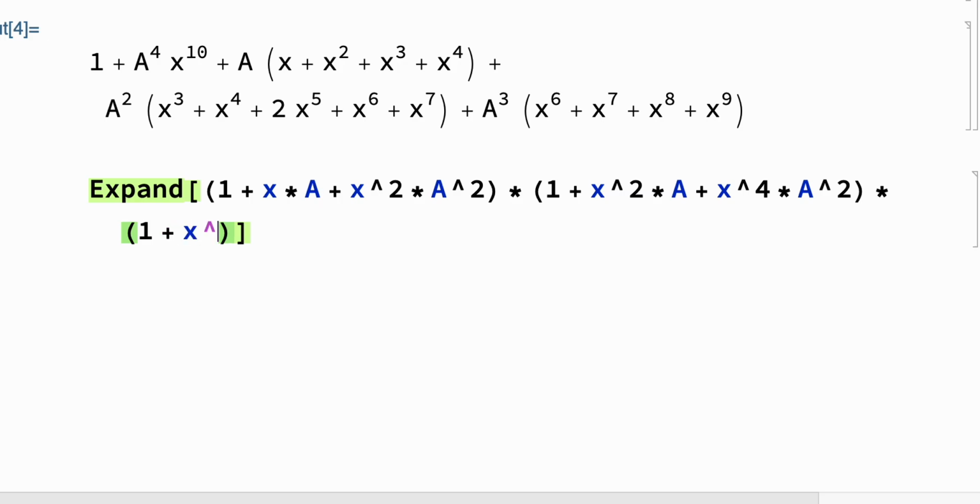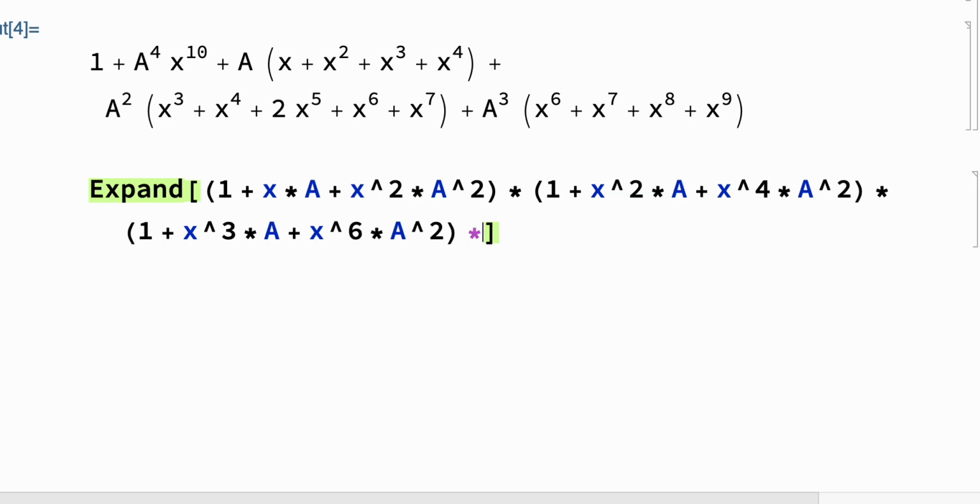1 plus x cubed a plus x to the power 6 into a squared, right? A squared is there, a squared is there. So x to the power 6, a squared is there.